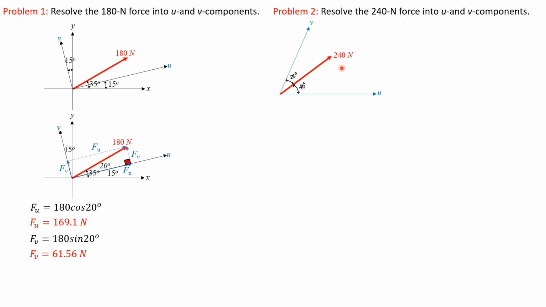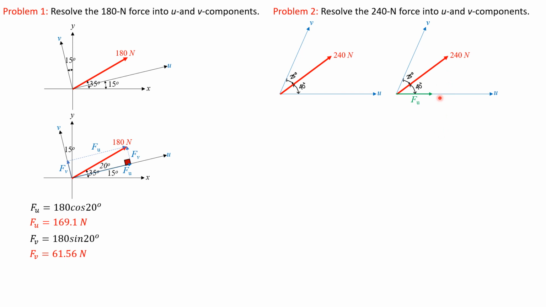And remember the properties of a parallelogram: opposite angles are equal, adjacent angles are supplementary, or the sum of adjacent angles is 180 degrees. That is presented also in my preceding videos. So by principle, we draw sides parallel to the U and the V axis through the tips of the force.